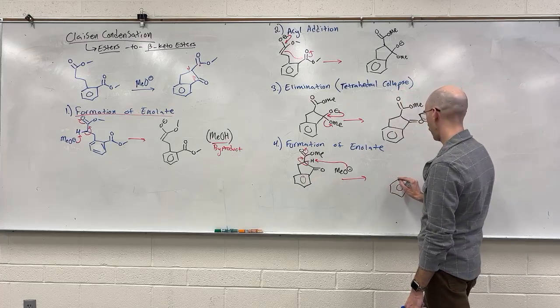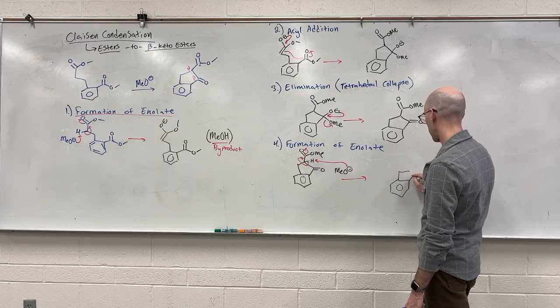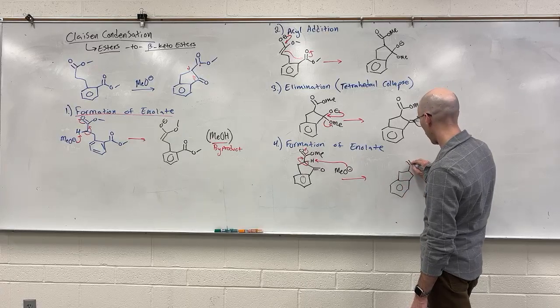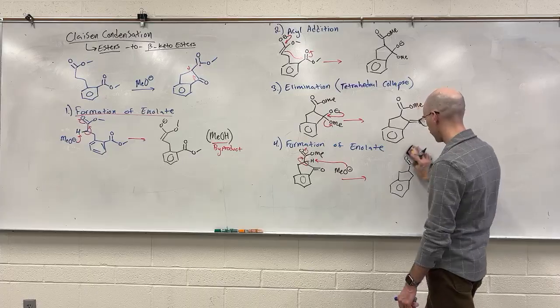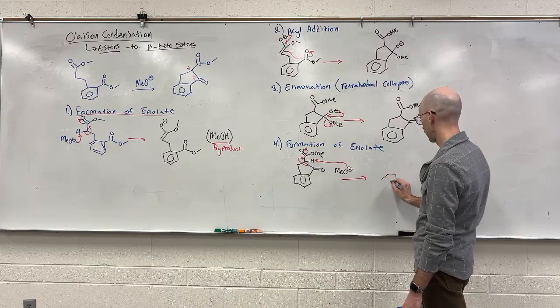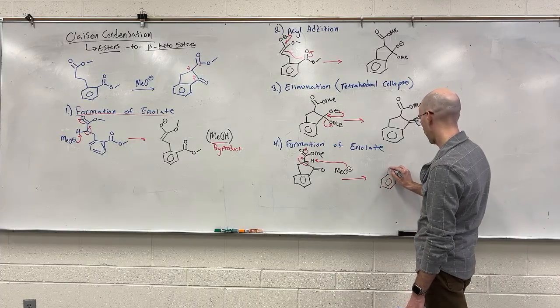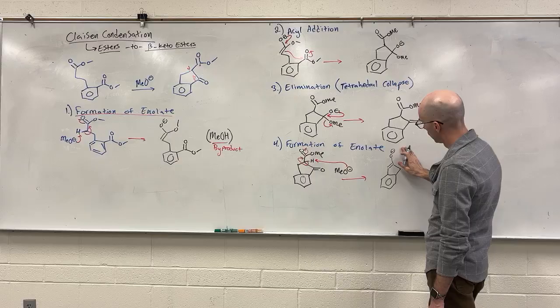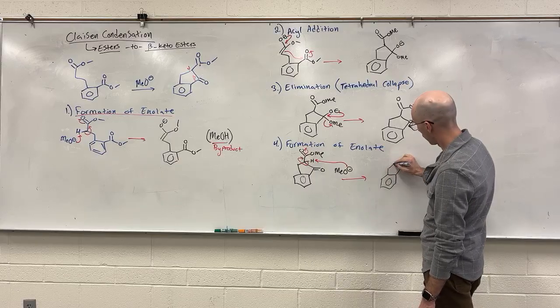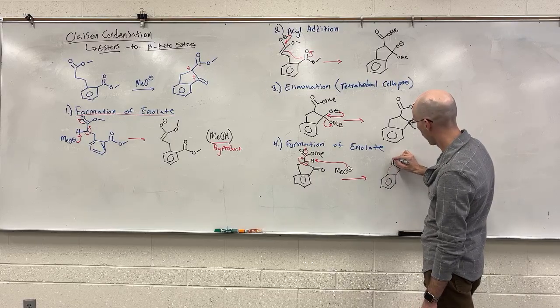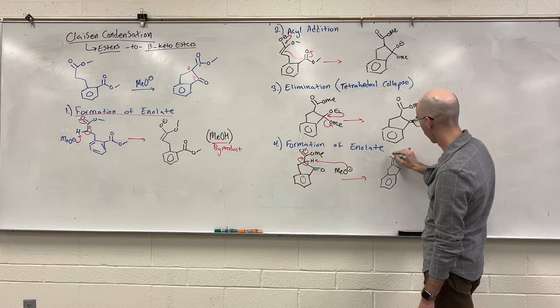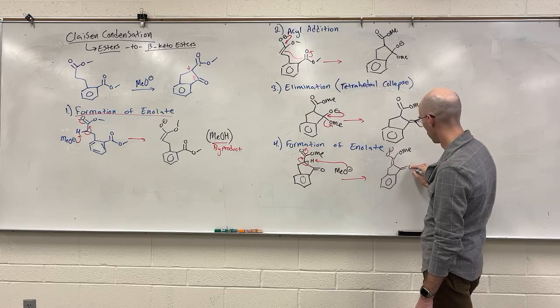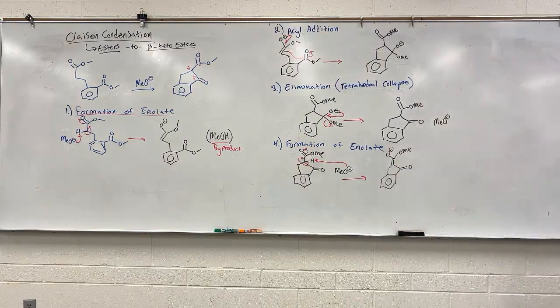And then what? I had the structure that I wanted, and now I don't have the structure that I want. Oh, I can't do that right, can I? Do you agree there are two major resonance forms?